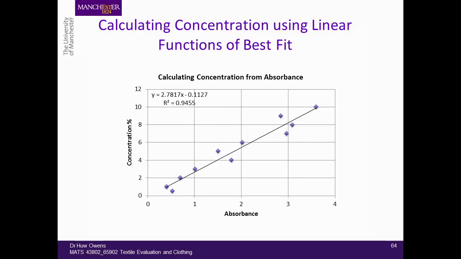The closer that r squared is to 1, the closer these points will be to the line. So 0.94, 94% of the variance there being explained. Not brilliant, but not too bad as a prediction.